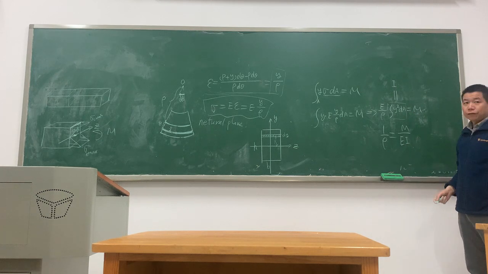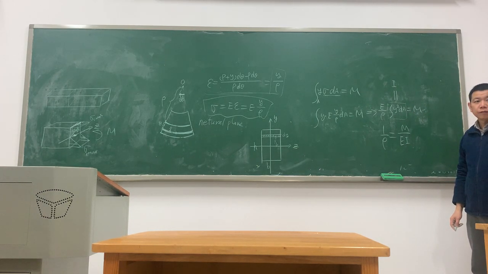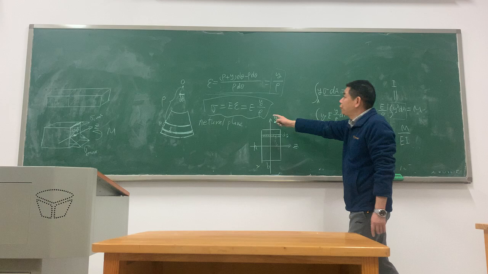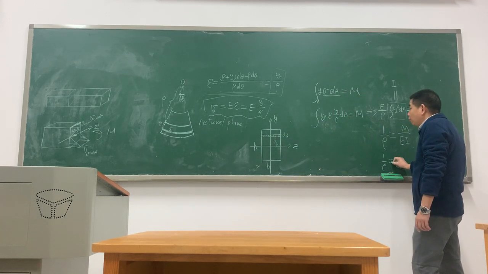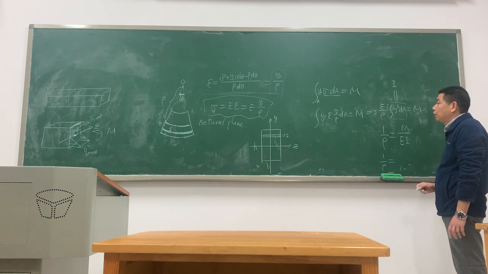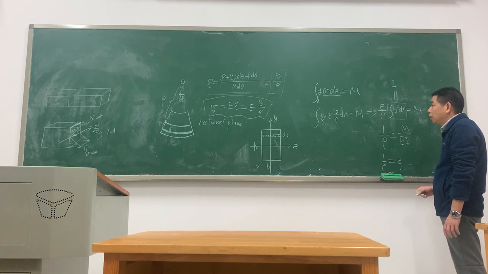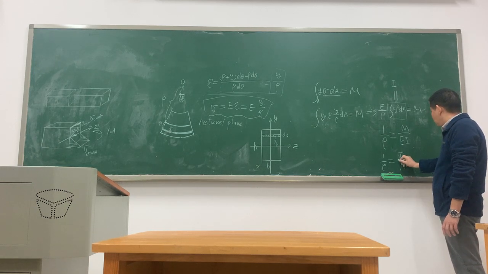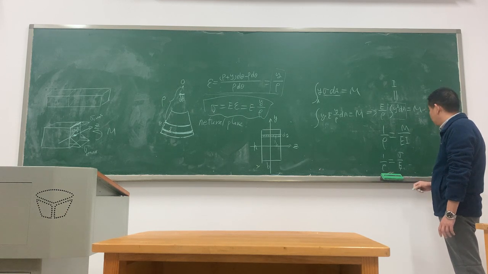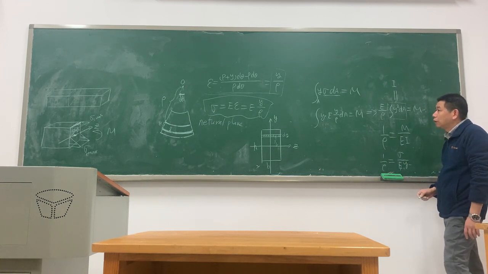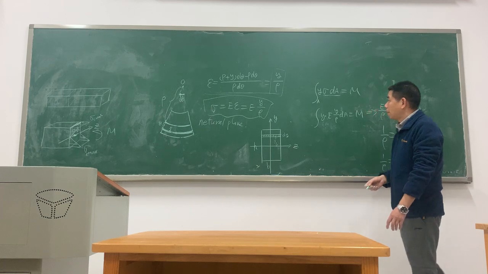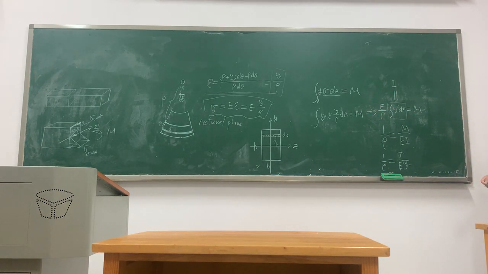From here we can get it. From here we know 1 over rho is sigma over E y. From here, 1 over rho equals M over EI, multiplied by y.